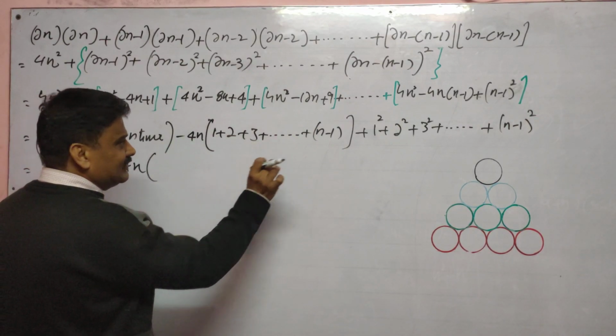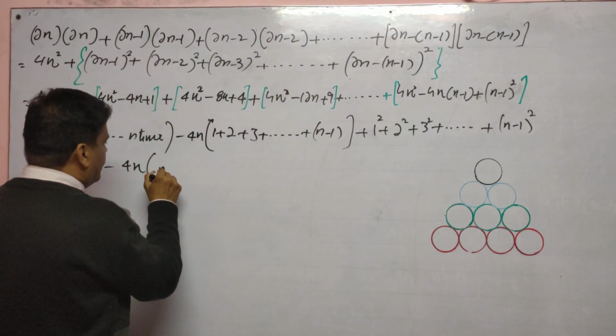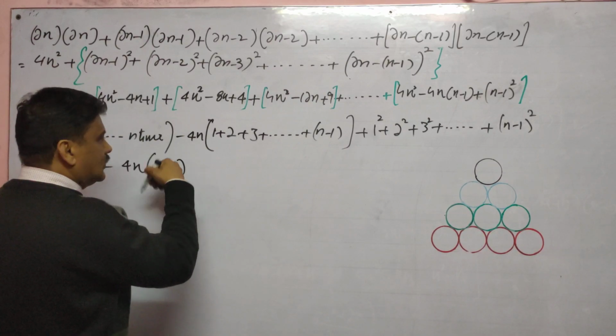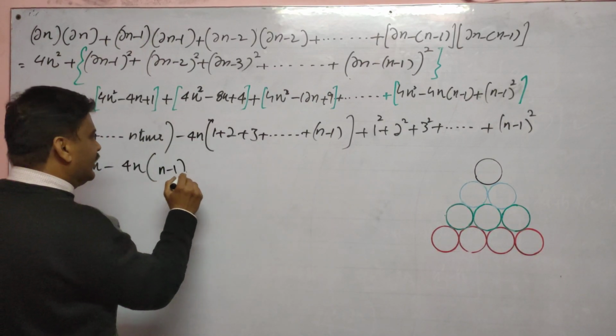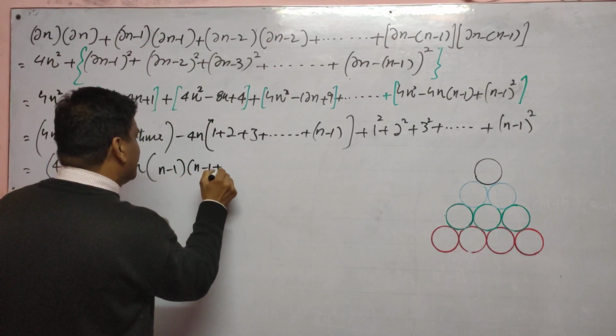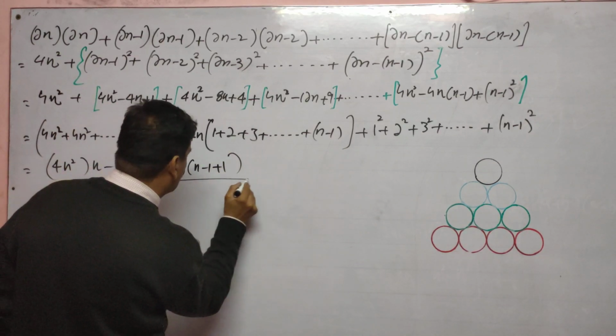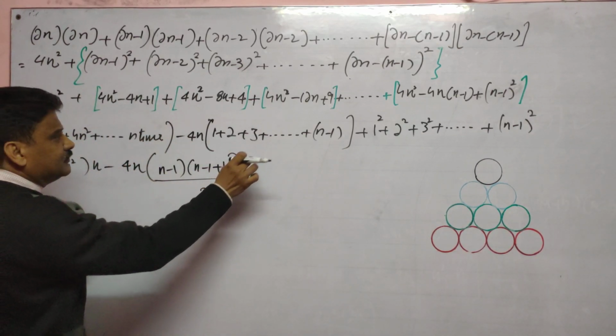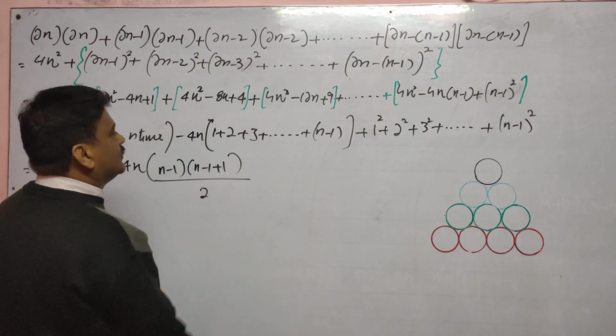But we take n as n minus 1, so n plus 1 becomes n minus 1 plus 1, by 2. This is the sum of these natural numbers.